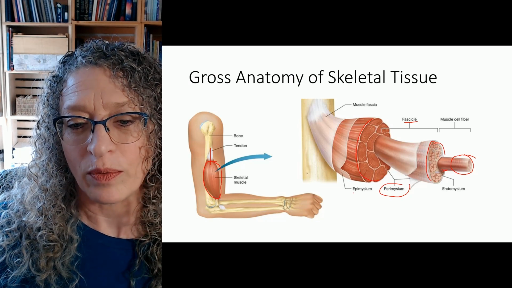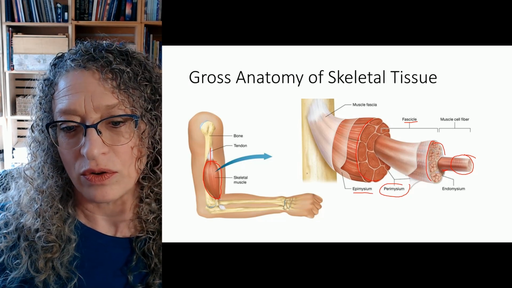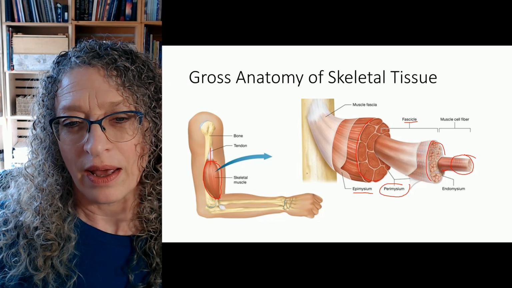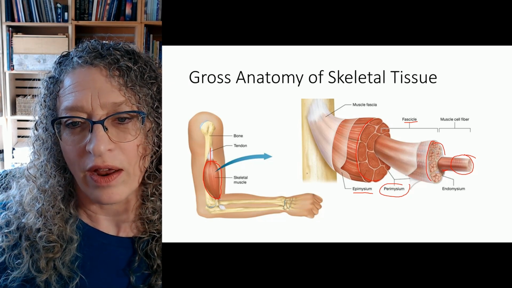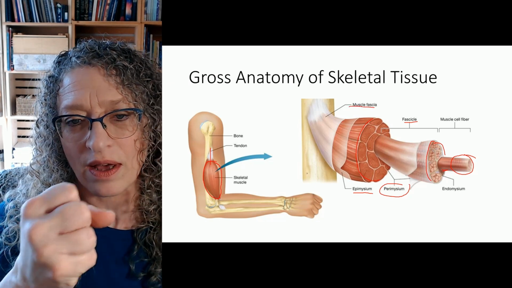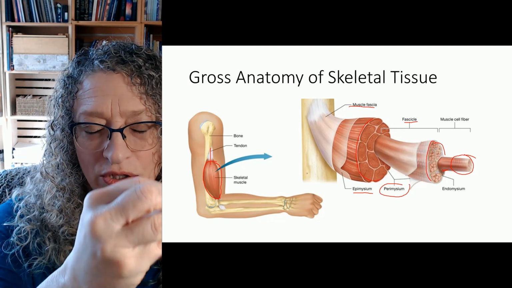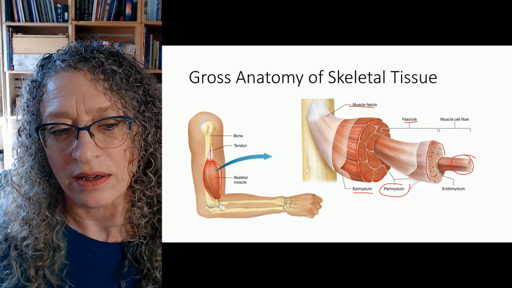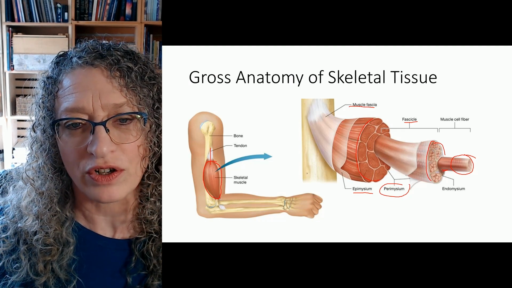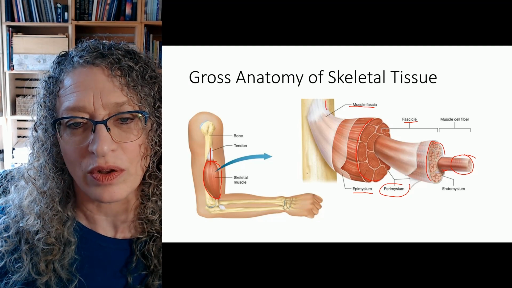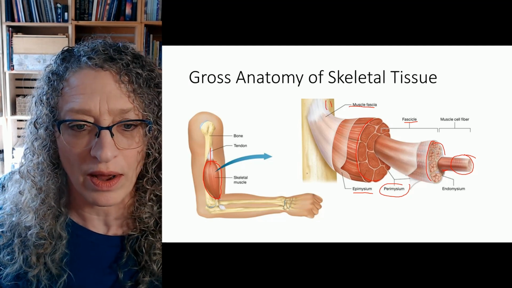And they're wrapped with another layer of connective tissue called the epimysium. And then there's a tough layer of fascia that ends up going into the tendon and then connecting to the bone. So the muscle fascia ends up connecting to the periosteum, or the outside layer of the bone.